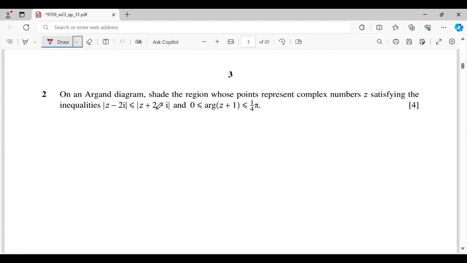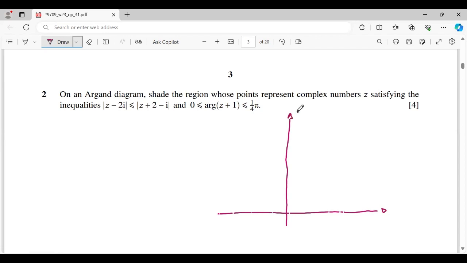So we are going to sketch this based on the rule of complex numbers.